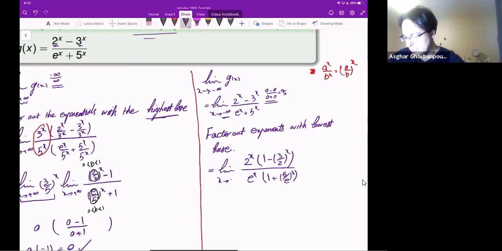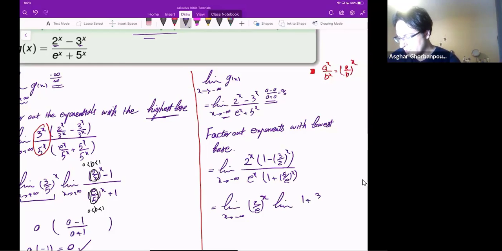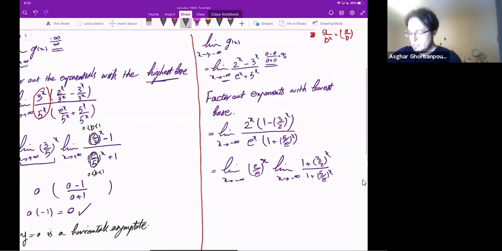And now we separate this. This will be 2 over e to the power x, times the limit of 1 minus 3 over 2 to the power x, 1 plus 5 over e to the power x, as x goes to negative infinity. So look at the base.